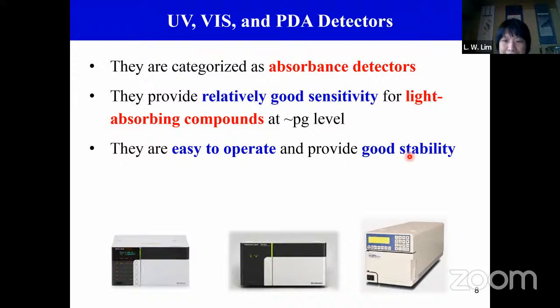This is a PDA. This one is a UV. From the same company, usually from outside you cannot tell the difference. You have to look at the name of the detector. When you open this window, sometimes you can see the connection part is a bit different, but usually they are almost the same. So you have to look at the name first.